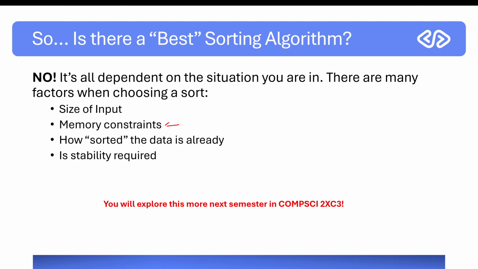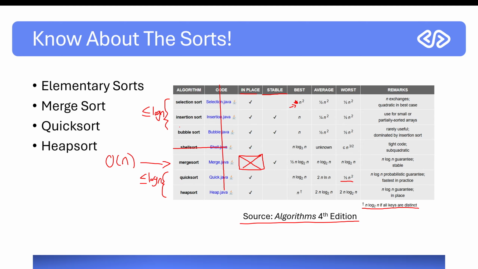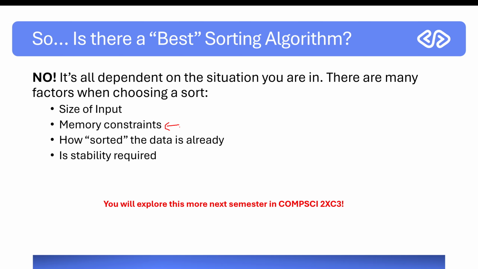Perhaps we have a very old computer or a very small computer that just doesn't have enough memory. So you have a very small drone or something that doesn't have a lot of RAM. We might not want to use merge sort if this drone is sorting 20 million, I don't know, maybe coordinates or something.